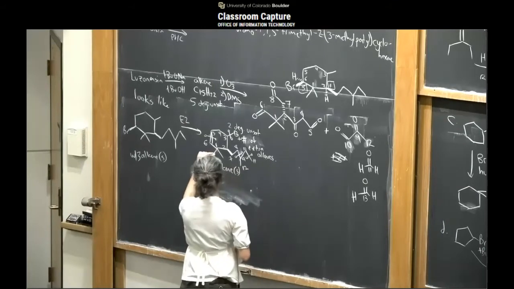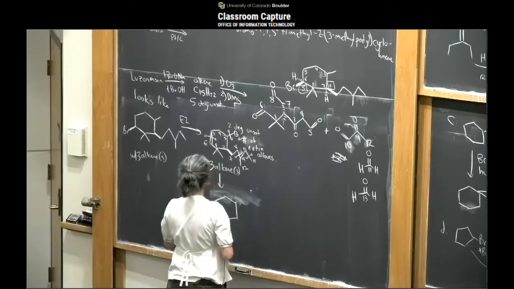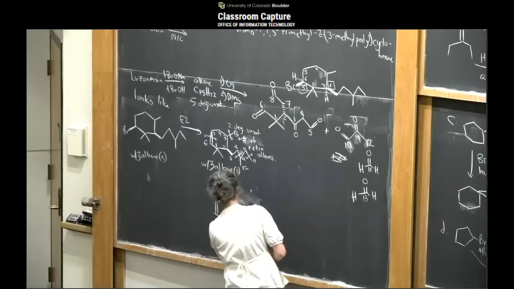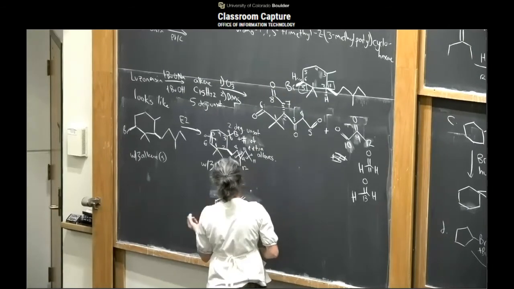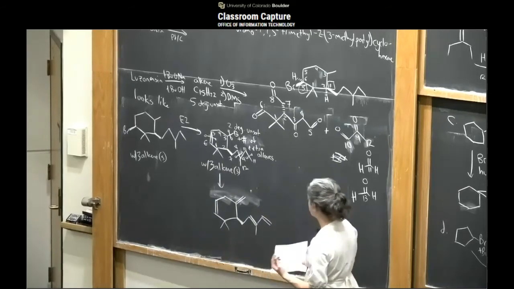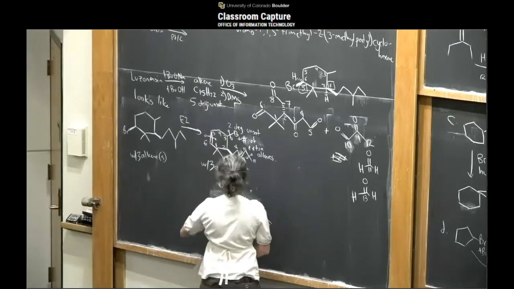Actually, if we redraw this thing with all of its alkenes intact, they must have been there, and also up there. And this is the alkene here that we made from doing E2.